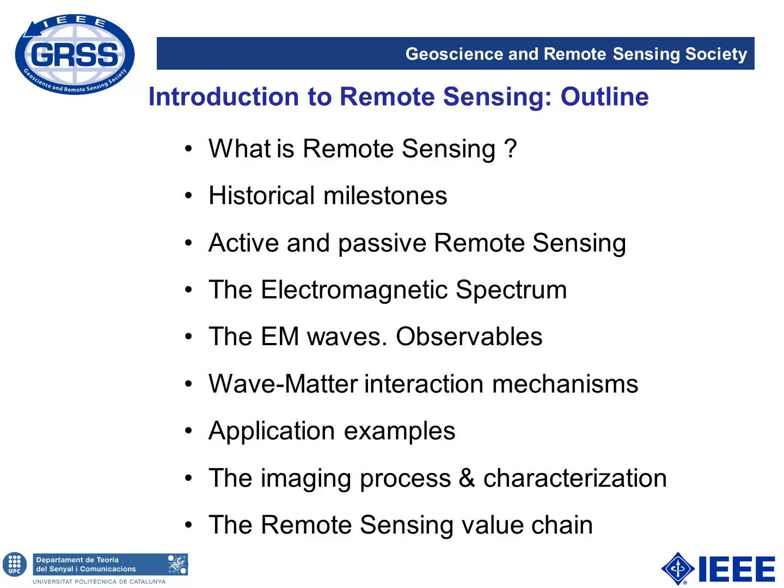Then some application examples and characterization of the imaging process in terms of quality metrics, and finally a consideration of different steps in the remote sensing value chain, because remote sensing is both a collection of science and techniques and also an emerging economic sector.